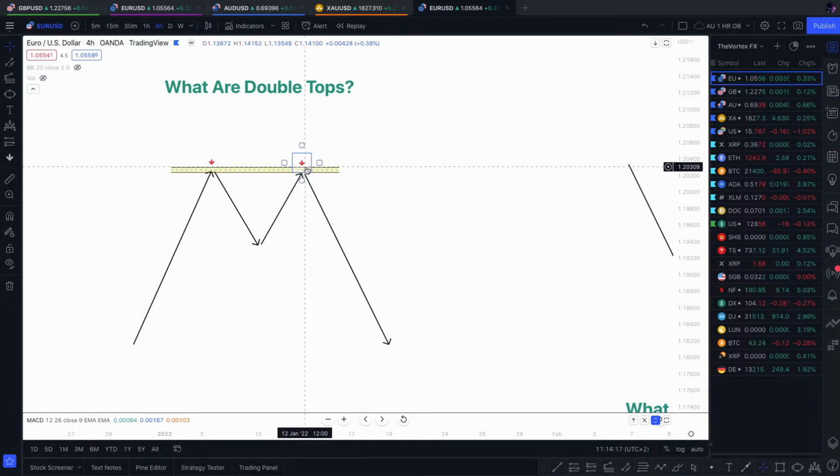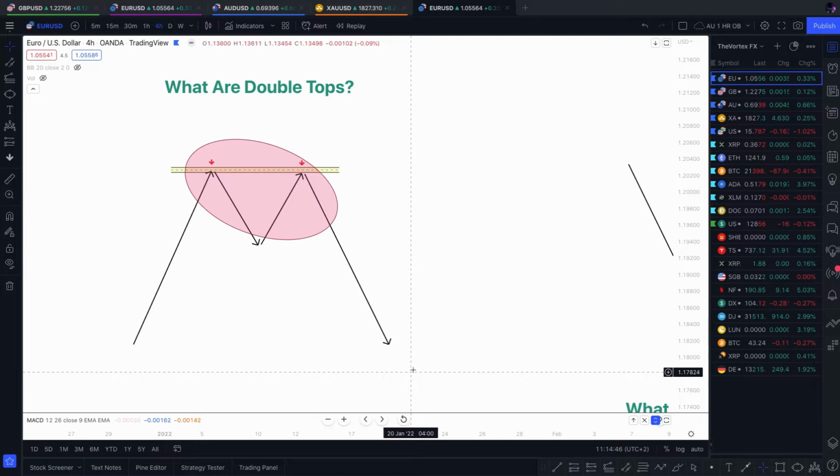Then we would see price fail to break this point, so it would carry on down, effectively turning what was once a bullish trend into now a bearish trend, which means that this area right here was the perfect reversal zone. This is where price decided it could not carry on to make higher highs. It got tired, the bulls got worn out, the bears came in, and now price has reversed. So that is exactly what a double top is.